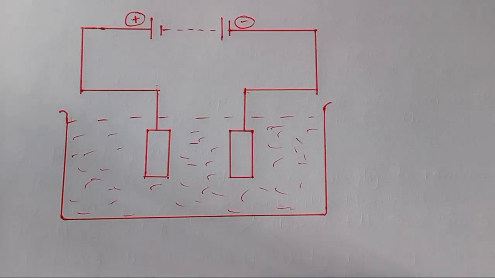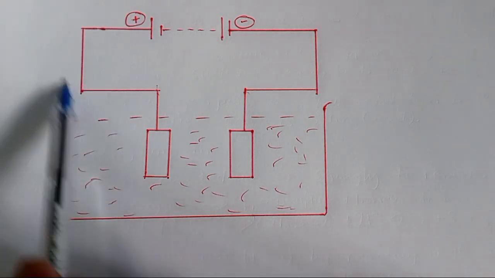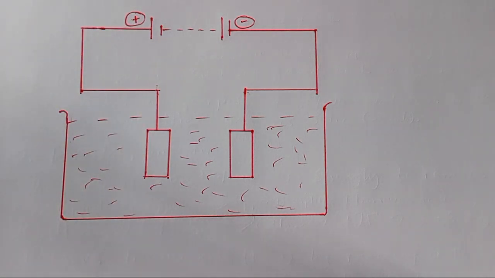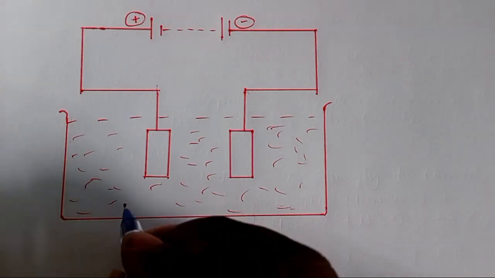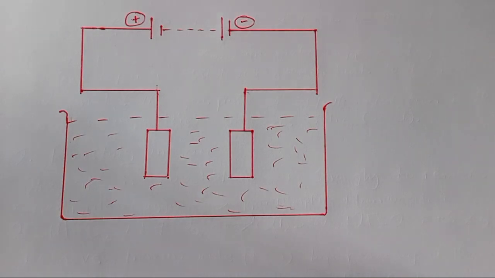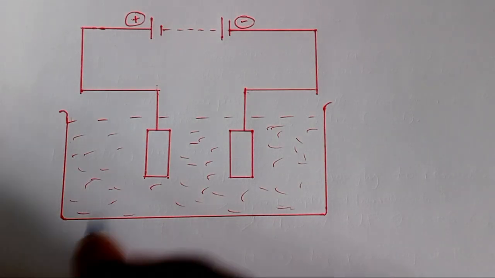So what happens here? This is the positive charge, which is the anode. The anode is the one that contains the impure copper.